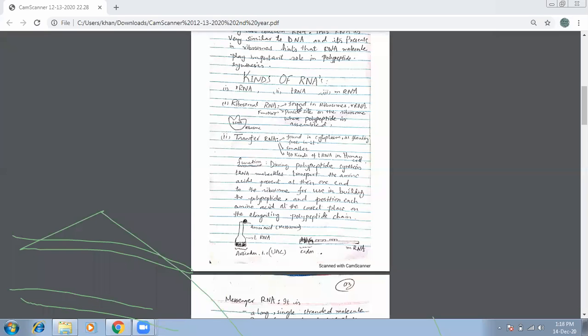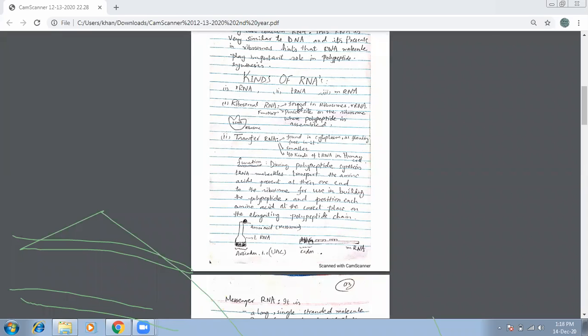During polypeptide synthesis, that is during protein synthesis, transfer RNA molecules play a role. They transport the amino acids present at their one end to the ribosome. The ribosome is the site where proteins are made. So the role of transfer RNA is to transfer the amino acid to the ribosome for use in building the polypeptide chain.